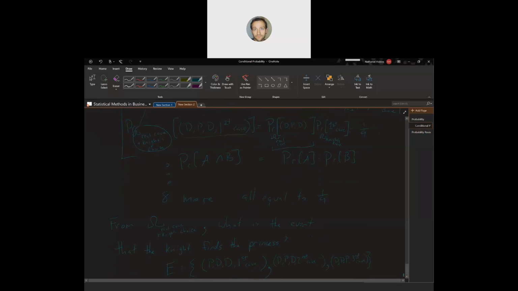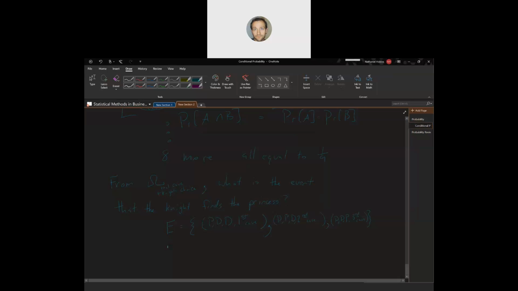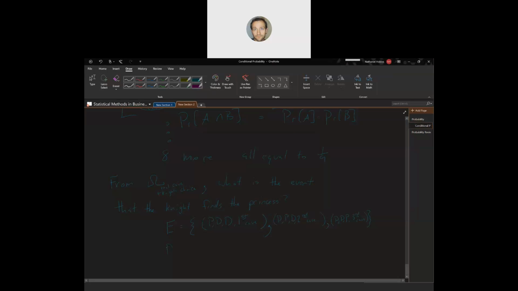So, these are the 3 outcomes. And here, the probability of E is equal to the probability of this first one plus the probability of the second one plus the probability of this third one.